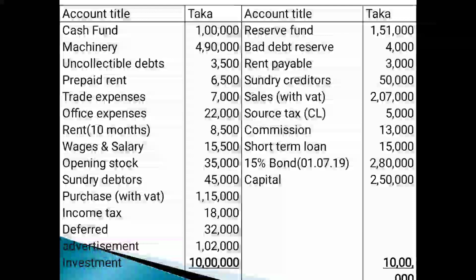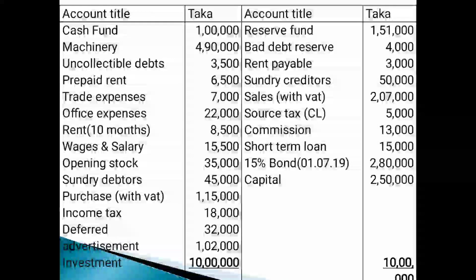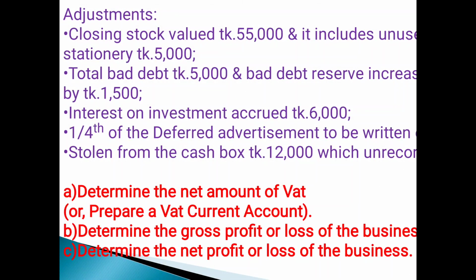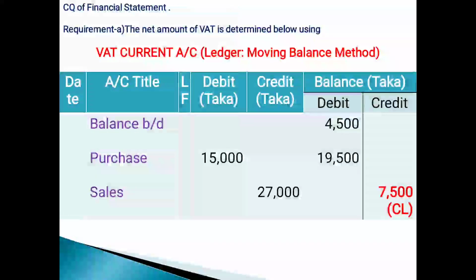Dear learners, the VAT current amount is given with a balance of taka 4,500, and purchase VAT, this amount is taken from the purchase amount 15,000 to be debited in this transaction. Now the balance of the VAT current account is 19,500.